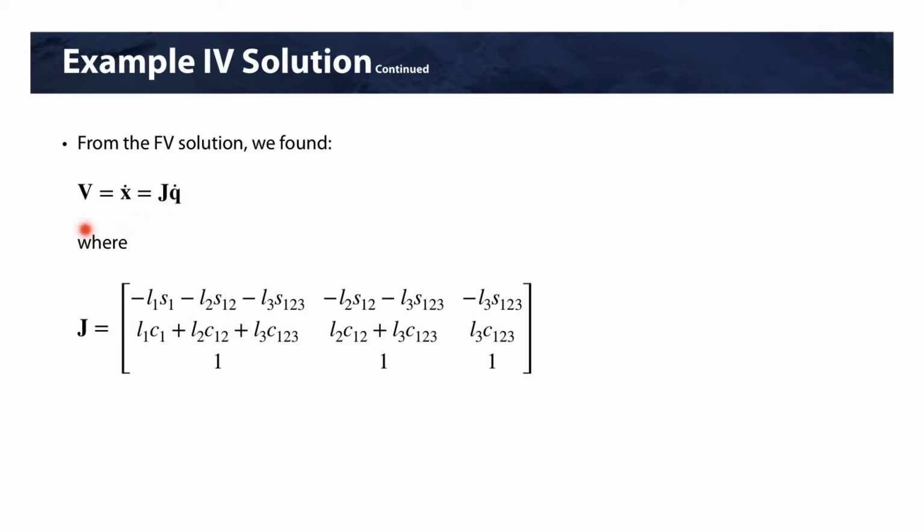If we just multiply both sides by the inverse of J, we can solve for Q dot. So Q dot is simply going to be J inverse times V. Okay, now this solution assumes that the inverse exists.